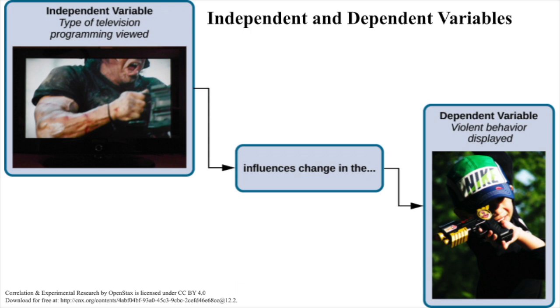A good way to think about the relationship between the independent and dependent variables is with this question: what effect does the independent variable have on the dependent variable? Returning to our example, what effect does watching a half hour of violent television programming or non-violent television programming have on the number of incidents of physical aggression displayed on the playground?